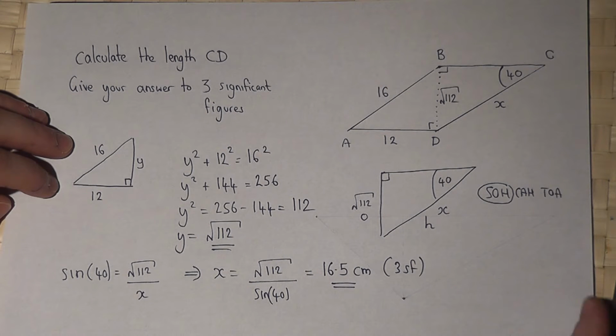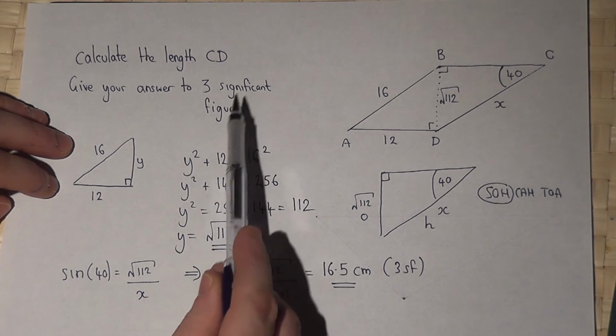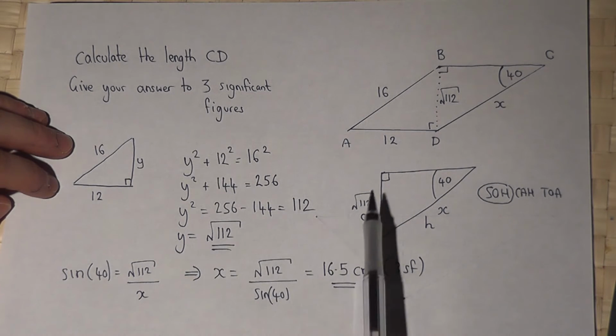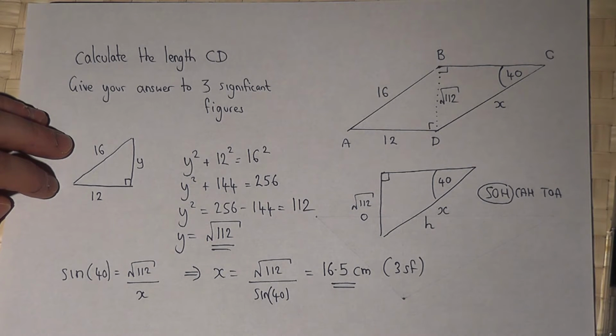Now the key thing here is it asked for the length to three significant figures. So keeping my opposite as root of 112 rather than decimal meant my answer became more accurate.